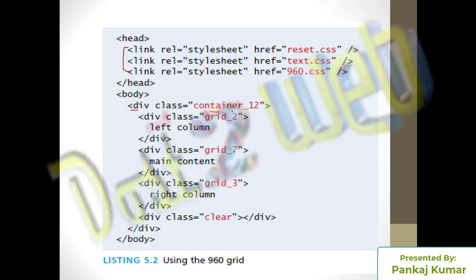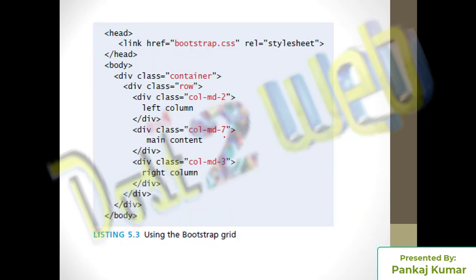Division container 12. That means it will create 12 grids. Grid 2 we want, left column. When you want main content, I'll use grid 7. So all this, whatever we have used here, the classes, that is the grid layout, that is a framework, the practice will give you exactly how you are going to create the layout.